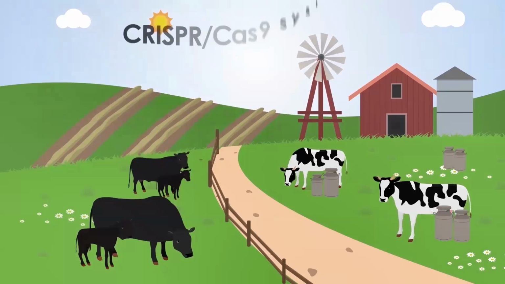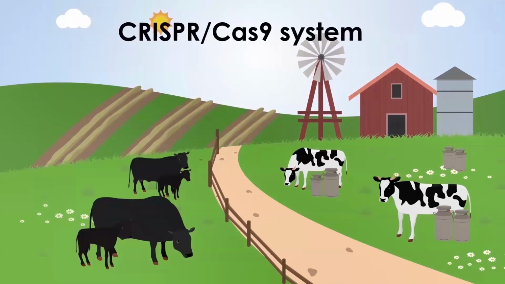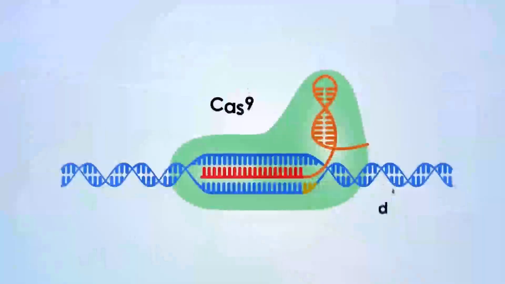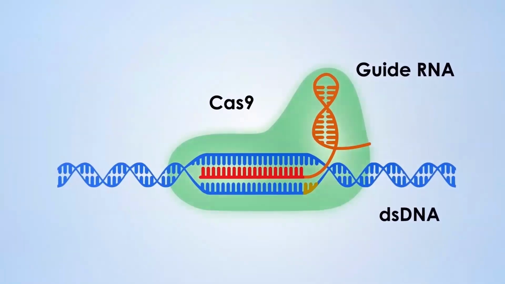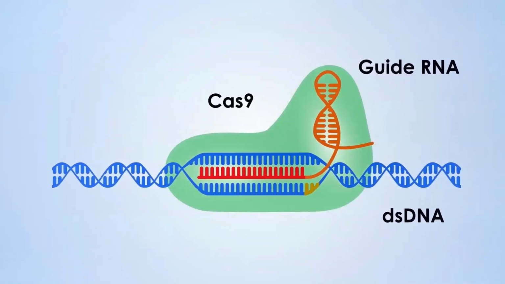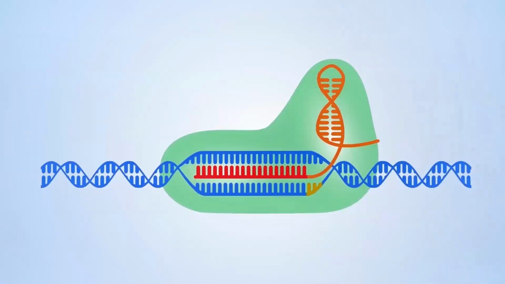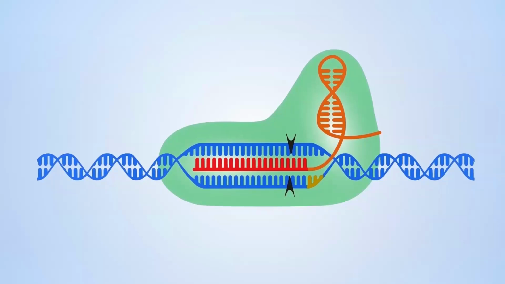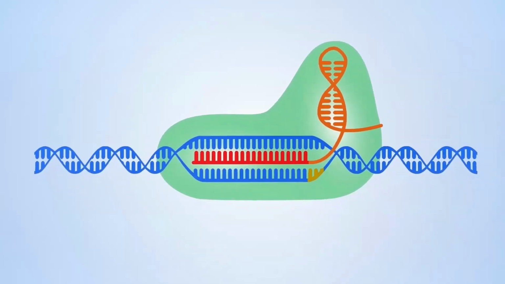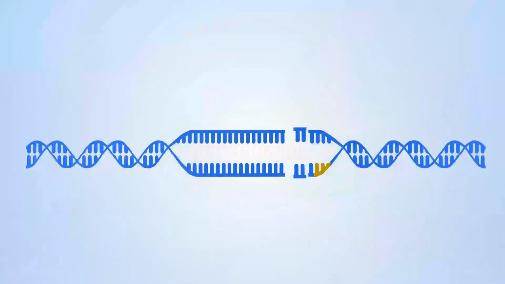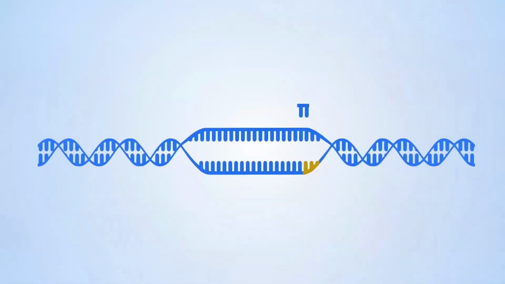Genome editing offers an opportunity to edit these instructions precisely. One method to edit genomes is the CRISPR-Cas9 system. This system has two components: the Cas9 protein, which cuts DNA, and a guide molecule that directs Cas9 where to cut. Bound together, they form a complex that introduces a precise cut in the DNA. The break is then mended by the cell's natural DNA repair machinery.